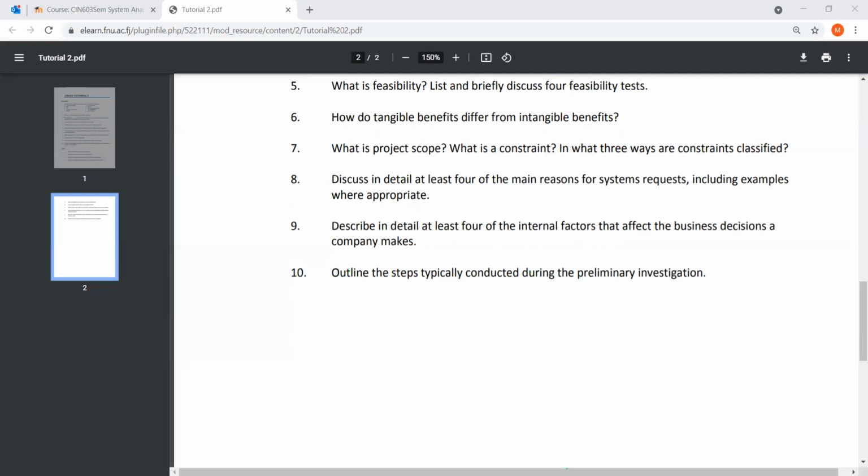Example, increases in revenue, decreases in expense, and increase in sales.